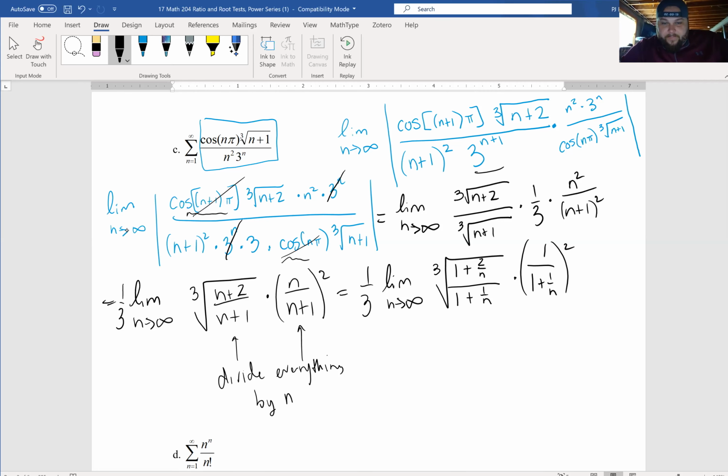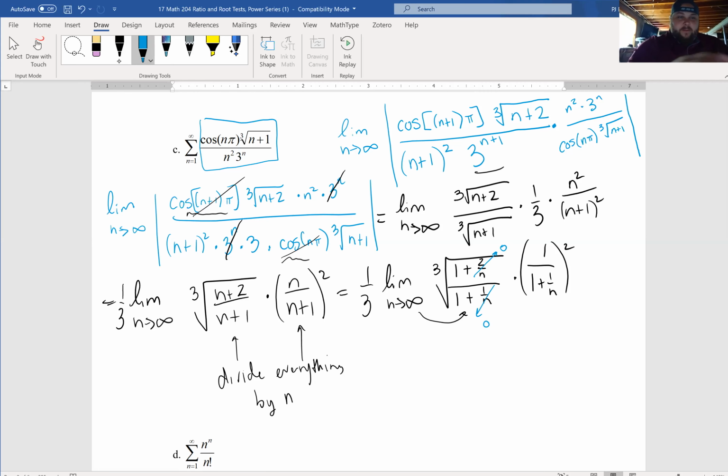So now, if I were to evaluate the limit of, say, the cubed root here, the 2 over n would go to 0, and so would the 1 over n, right? You have two terms that you're dividing by infinity. So this little guy would go to 0, and so would this one.